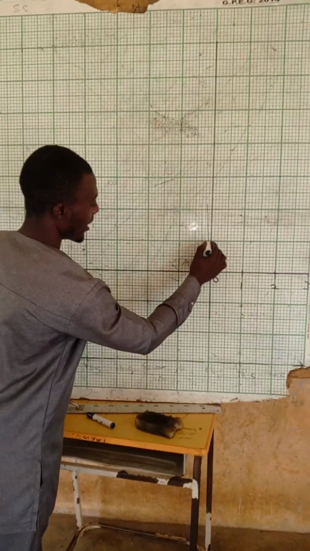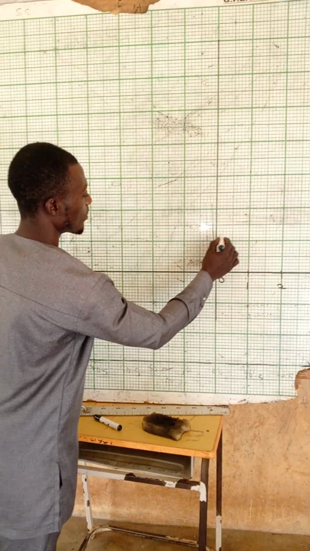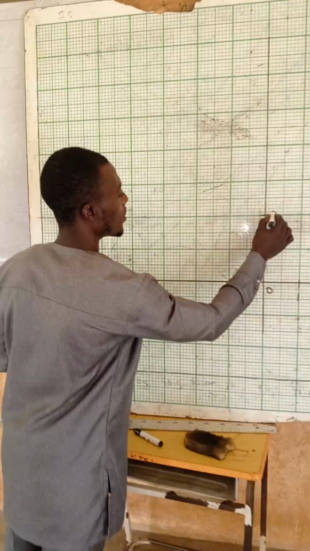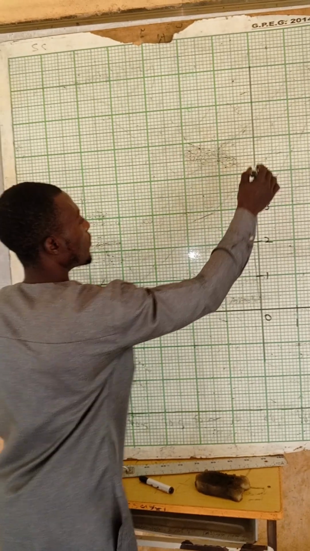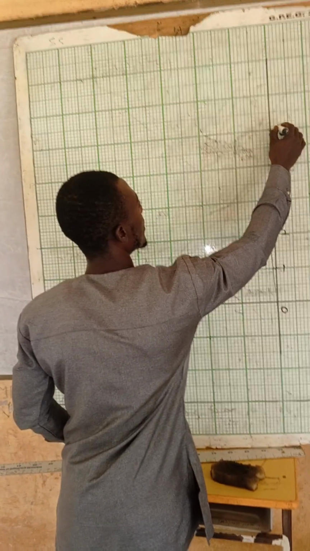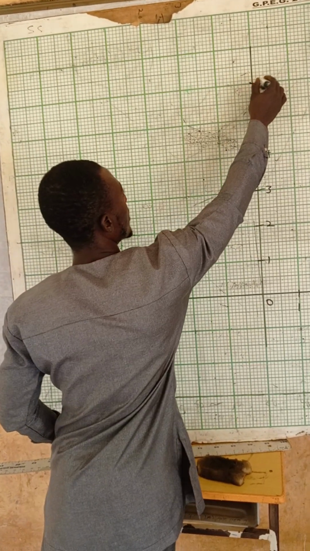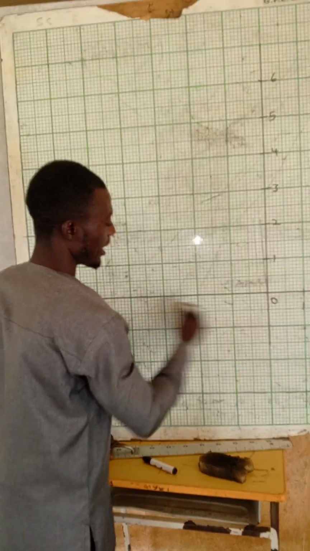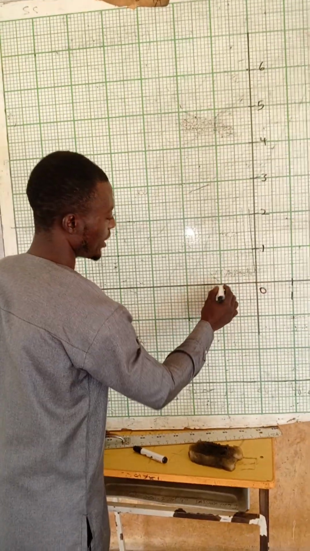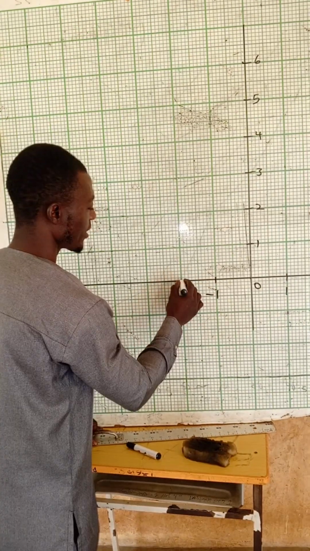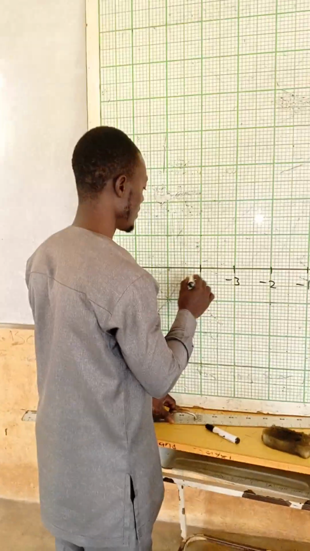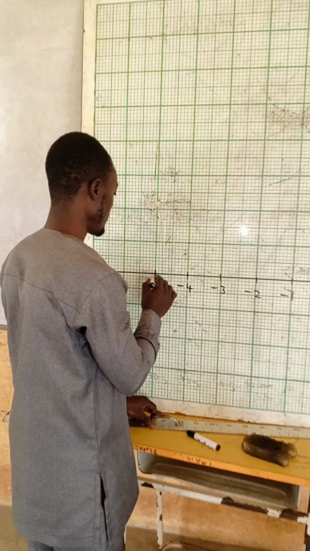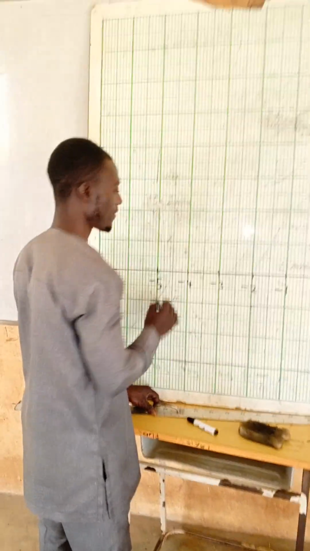Then here we have 1, 2, 3, 4, 5, 6. Then at the left side of 0 we have -1, -2, negative 3, negative 4, negative 5.